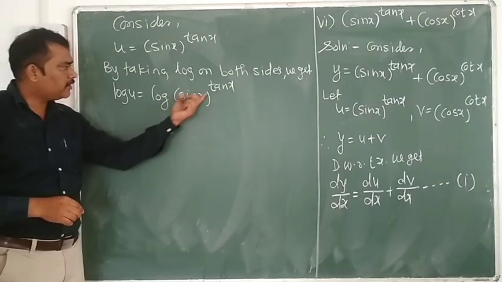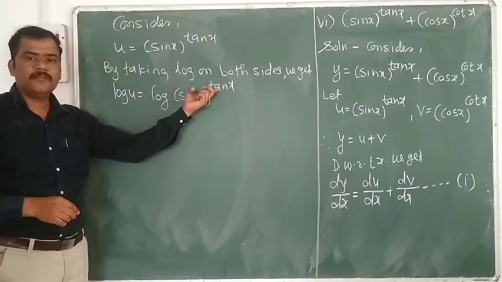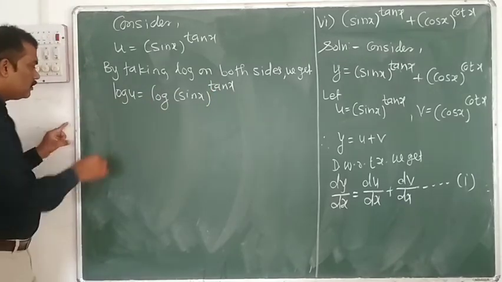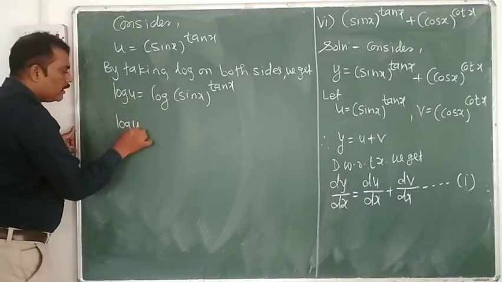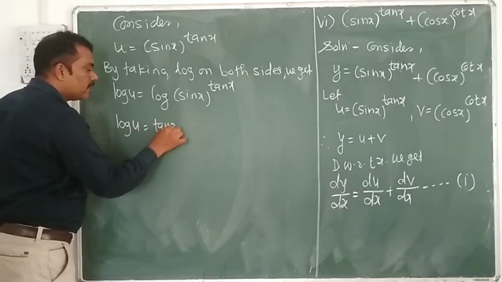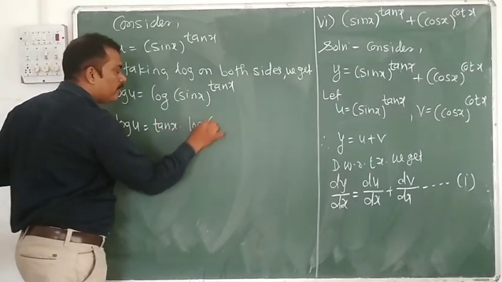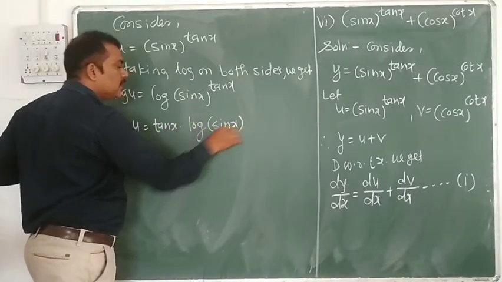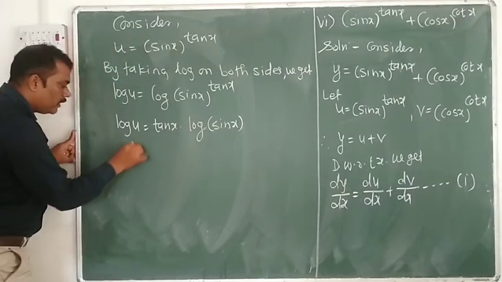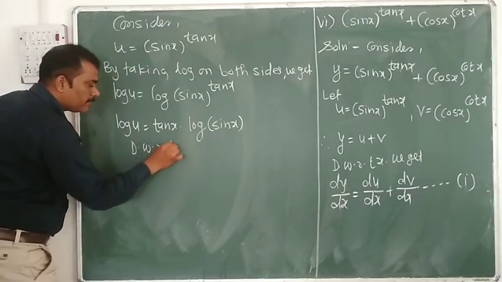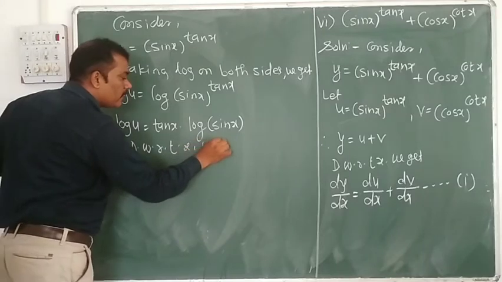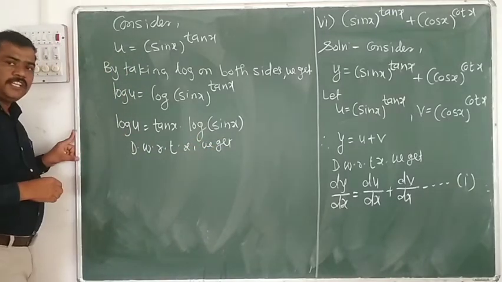By using the laws of exponent, this index tan x gets multiplied to this log, so log of u is equal to tan x into log of sin x. Now we have to differentiate with respect to x.